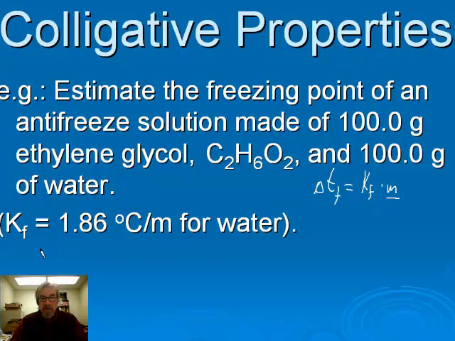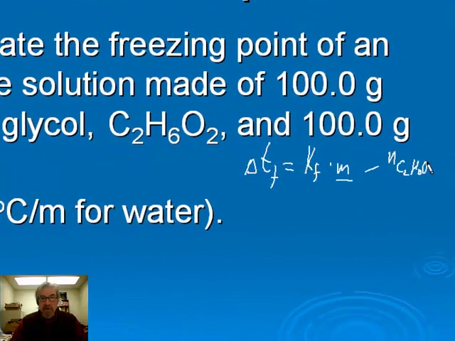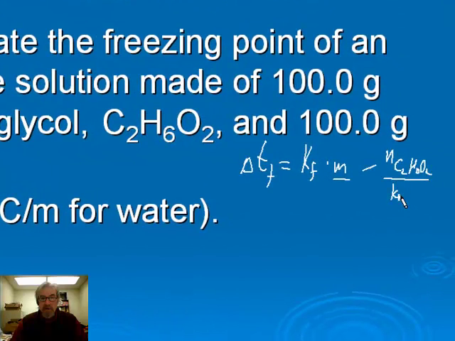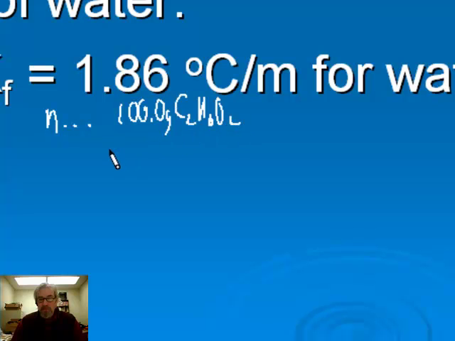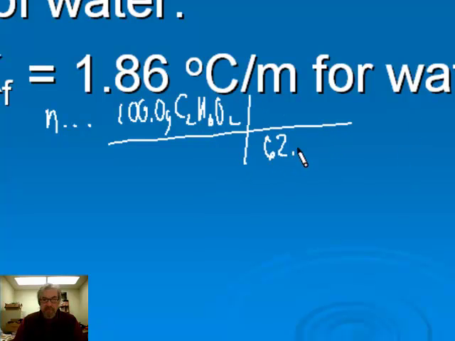Molality, recall, is the number of moles of solute, which in this case is C2H6O2, divided by the kilograms of solvent, which in this case is water. Well, how many moles of solute do we have? We know we have 100 grams of our solute, C2H6O2. The molar mass of C2H6O2 is 62.068 grams per mole.